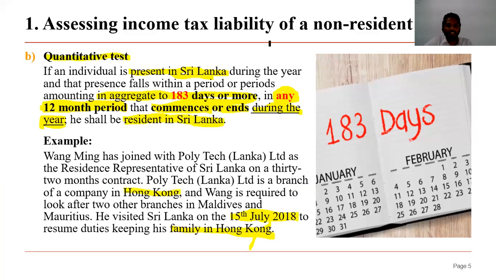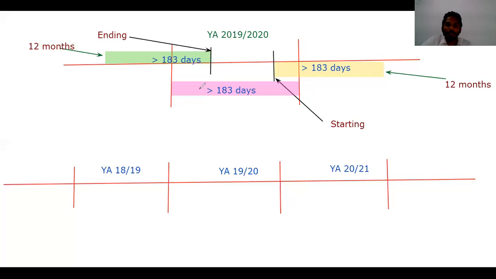Anyway, we can take it during the year; no need to go beyond that. The commencing also starts here, meaning starting again, wherever he starts, maybe here or here.